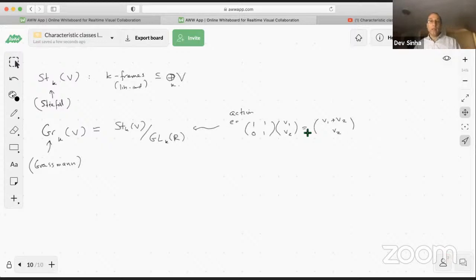But then any two sets of k independent frames are going to be related by some element of GL_k(R). So this is called the Grassmannian, and the equivalence classes are in one-to-one correspondence with k-dimensional subspaces of V.